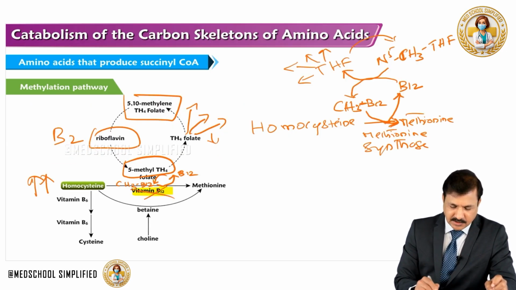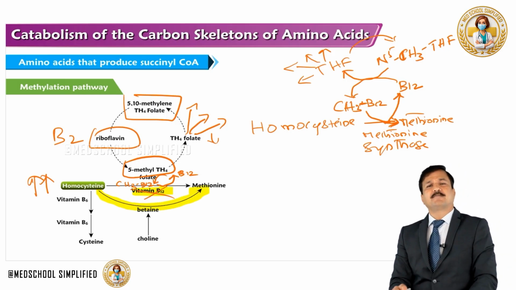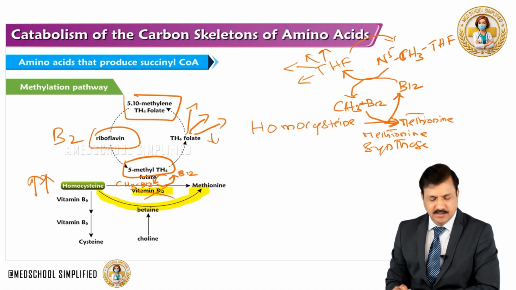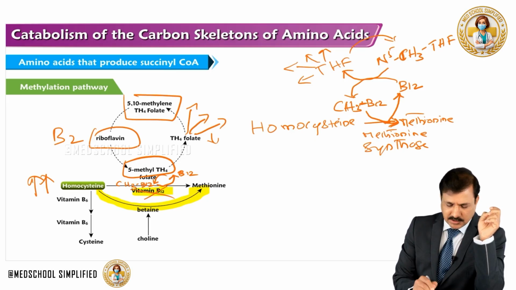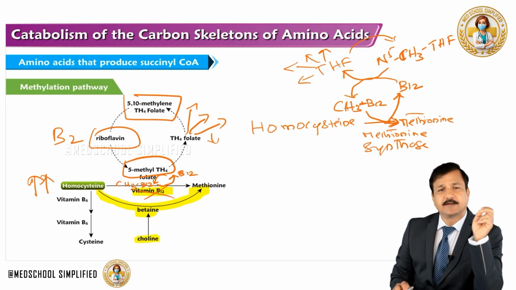So, the other part that I missed explaining in the previous explanation, as you see here, is that homocysteine can also go into methionine, although it is a less preferred or less frequent pathway of conversion of homocysteine into methionine. So, betaine is the methyl group donor, and betaine comes from choline.